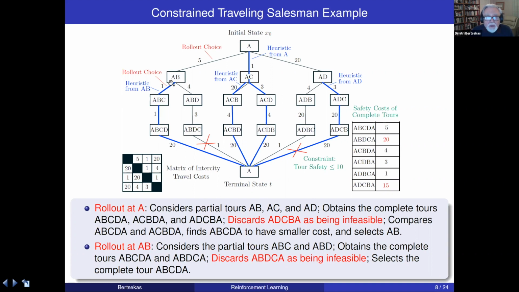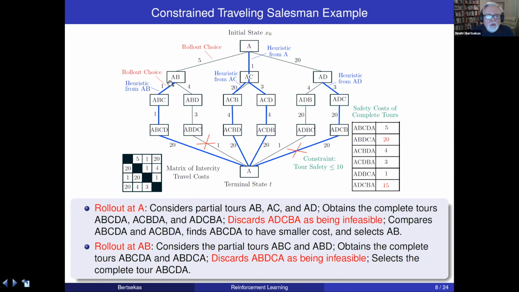We consider the partial tours ABC and ABD, run the base heuristic to obtain the complete tours A, B, C, D, A and A, B, D, C, A, and we discard this one as being infeasible, and we select this complete tour. Of course, to be entirely formal, we have to go from here to here, but there's only one choice, so I'm not showing the completion of rollout.